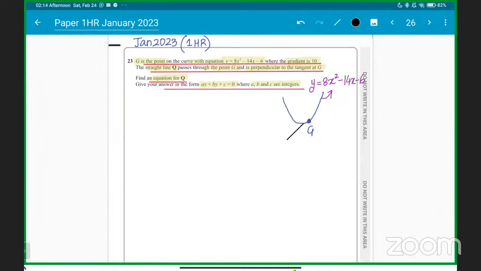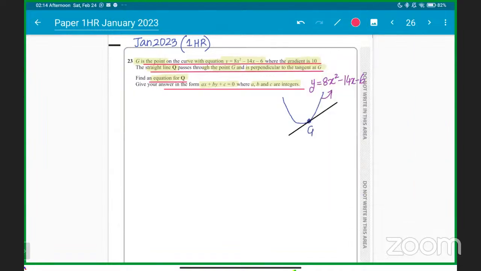So we can say that the curve y equals 8x squared minus 14x minus 6 has the tangent at G. G is the point on the curve. That is the first statement, where we already have the gradient as 10.